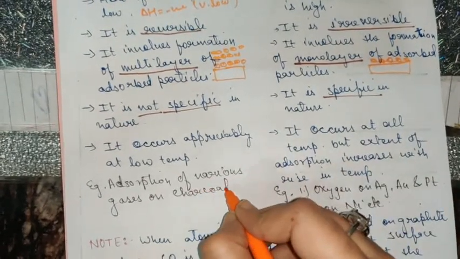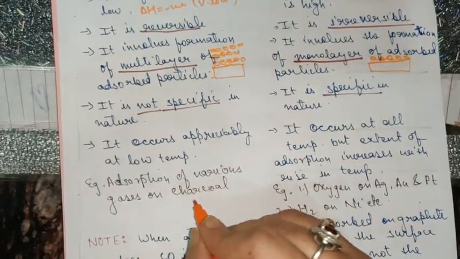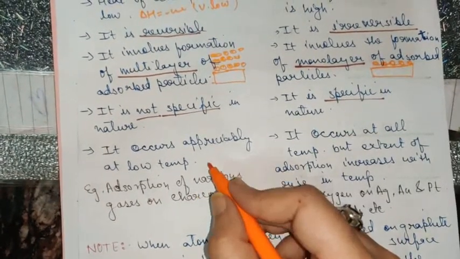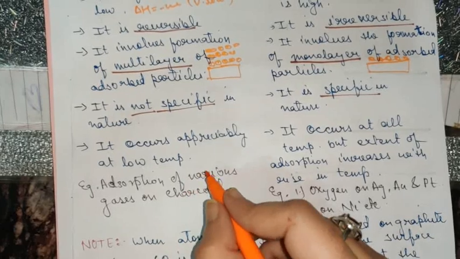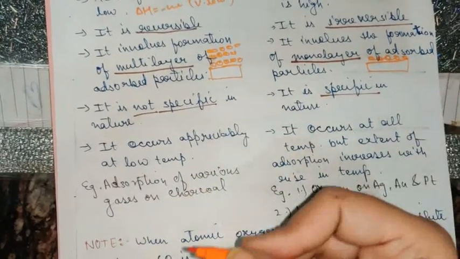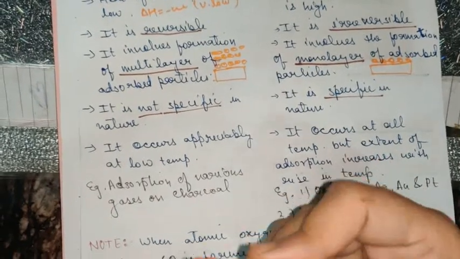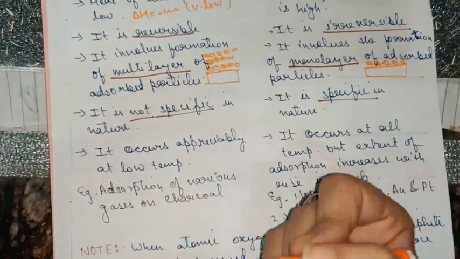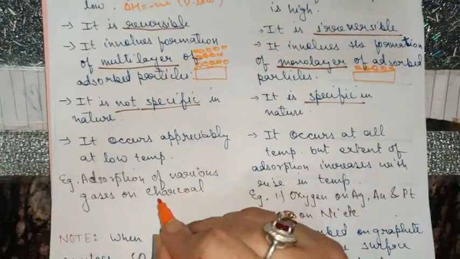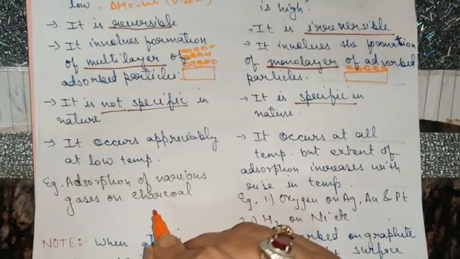So their mask comprises of charcoal, and charcoal is a very good adsorbent. It adsorbs those harmful gases and protects those miners from various abnormalities, or which can cause any disease or disorder to them. So this charcoal helps in adsorption of the harmful gases.